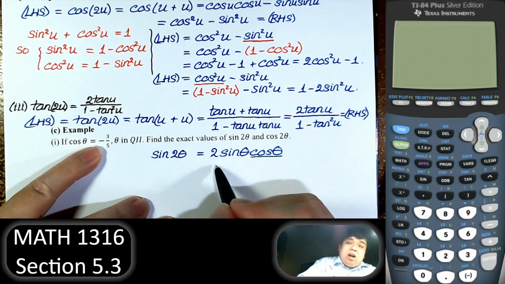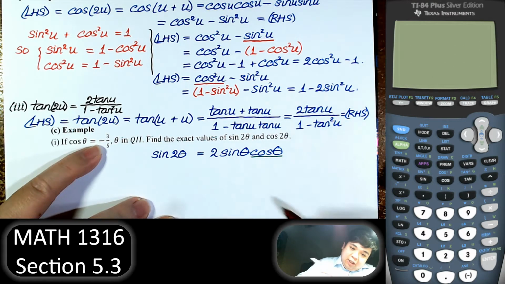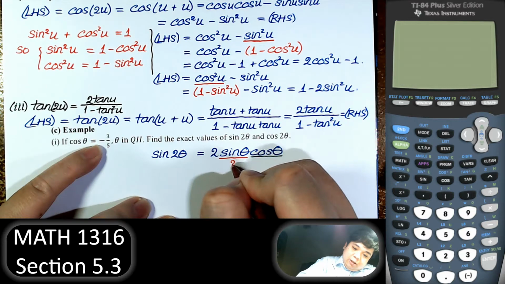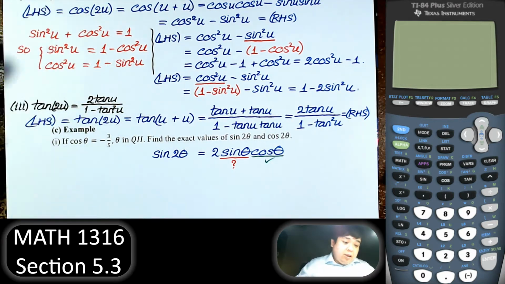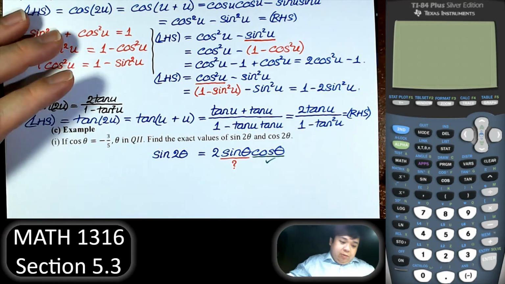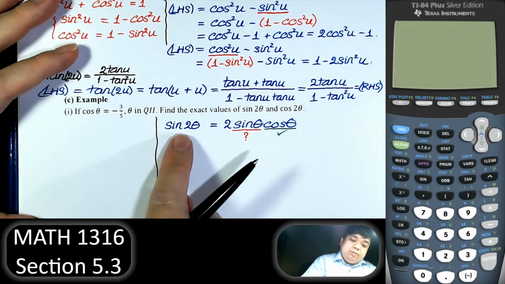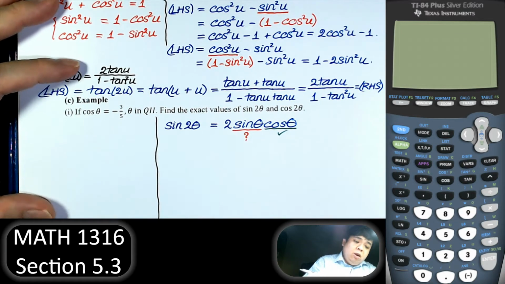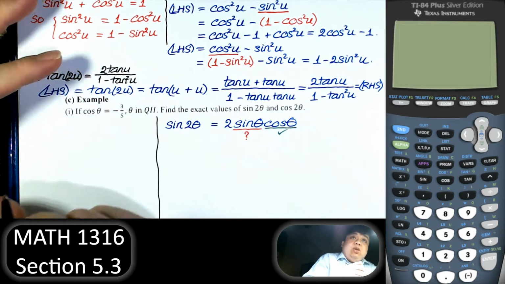We don't know the sine though, so we have to solve for the sine first. So let's go back over here and try to solve for sine of theta. We have cosine equal to that and theta in quadrant 2.